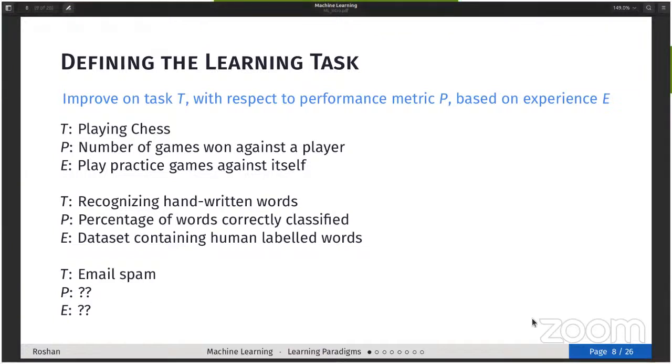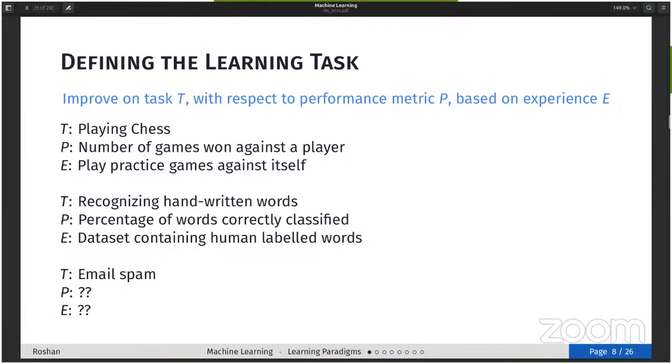Okay. Performance metric here will be percentage of emails correctly classified. More the number of emails correctly classified, better my model is. Okay. And experience will be a data set containing human labeled emails. So previously, an expert human has gone through many set of emails and he has actually labeled whether that email is related or spam.